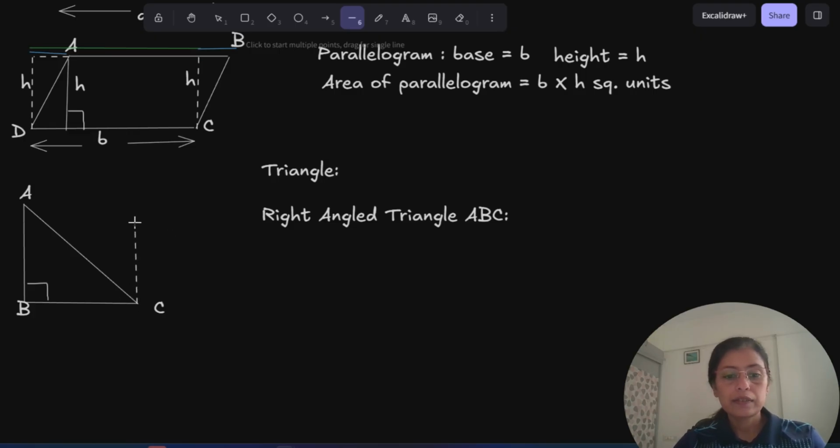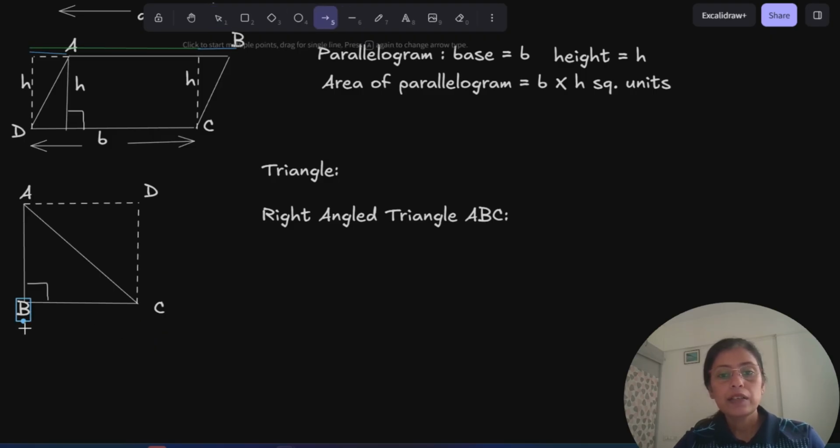But then if you draw this perpendicular from here, right, and you extend this, so what do you see? The length BC is equal to, I'll call it D. So length BC is equal to length AD and AB is equal to CD.